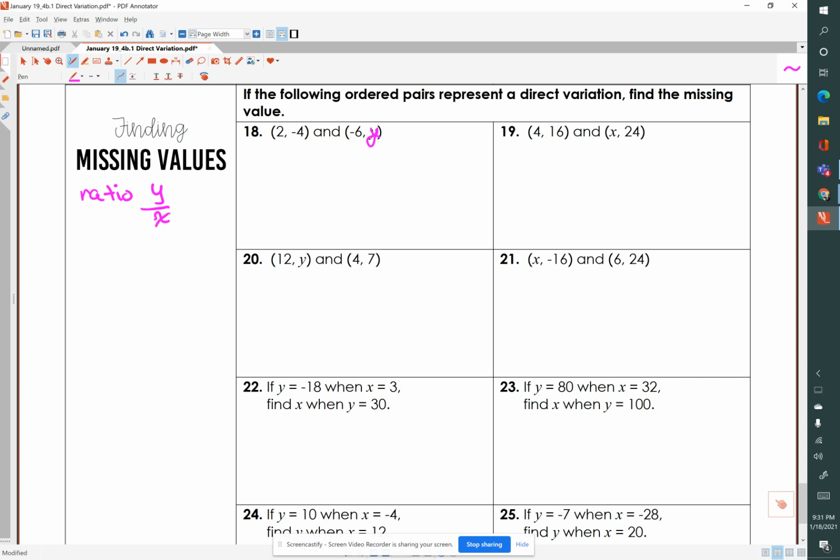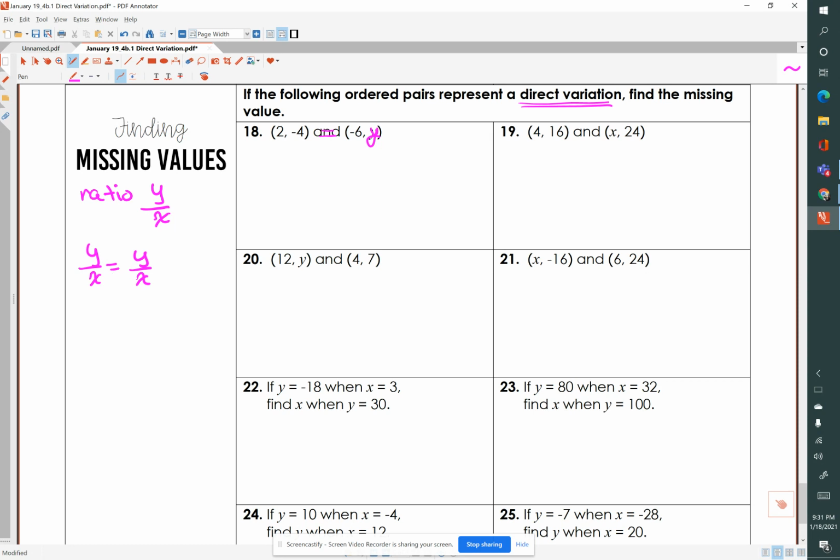If it's a constant ratio that remains the same, then the first point and the second point should have the same ratio. In other words, we can set up a ratio of y over x equals y over x.